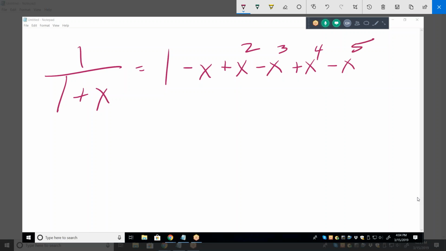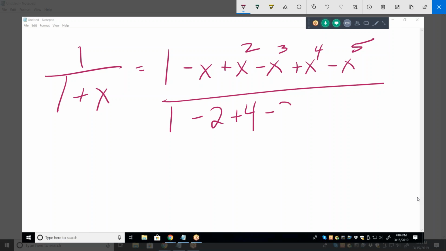In other words, if you plug in 2 for x, that's 1/3, right? This will come out to be 0.333333 if I plug in 2 for x. In other words, 1 minus 2 plus 4 minus 8 plus 16 minus 32.